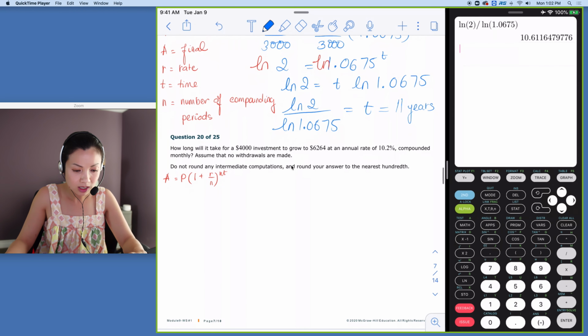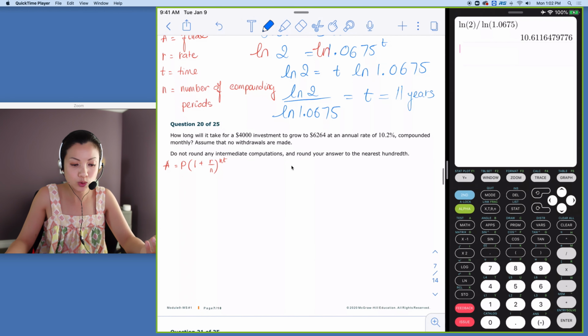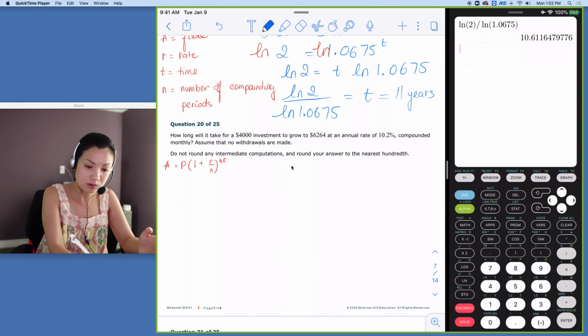So 20 is similar. They're asking you how long. So once again, they ask you for the time, T. But this time, you see that we have compounded monthly. So A is going to be 6264.